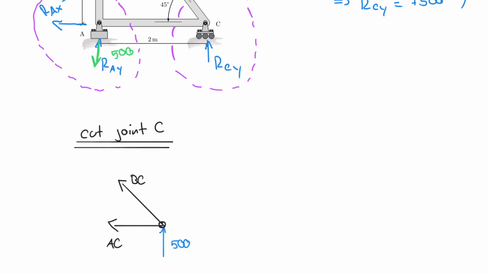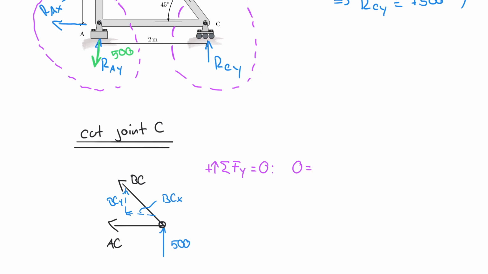So in all reality, my equation would write as follows. Sum of the forces in the y direction is equal to 0, upwards positive. Now I'm going to use a little sketch help here. I have a vertical component and a horizontal component, BCY and BCX.